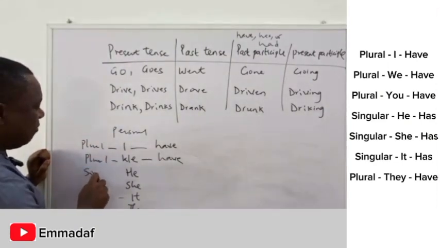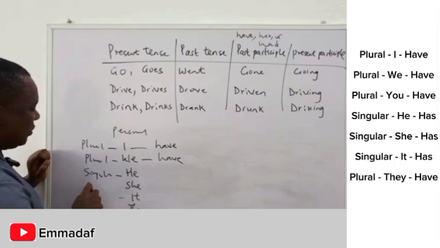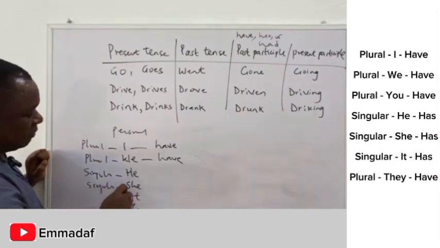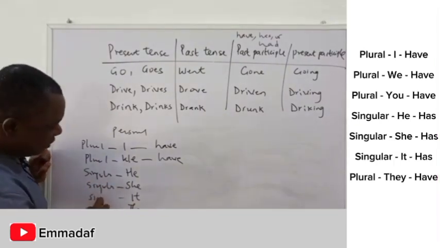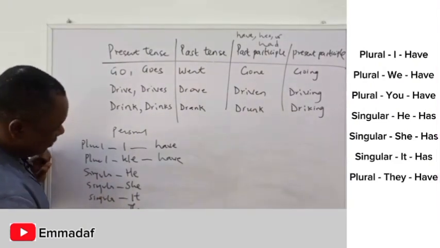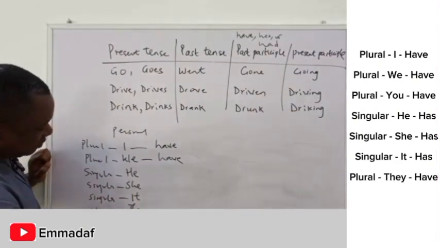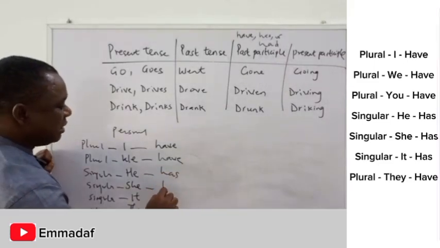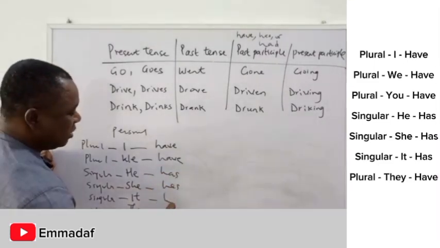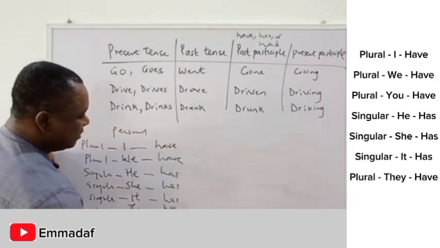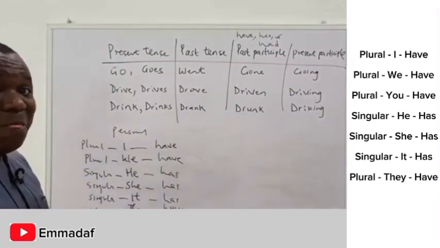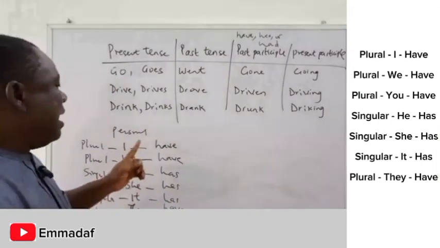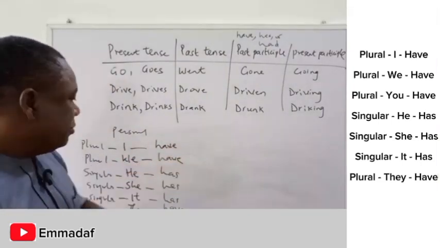This is singular. This is singular. This is singular. And this is plural. So it follows then that this goes with has, and have.